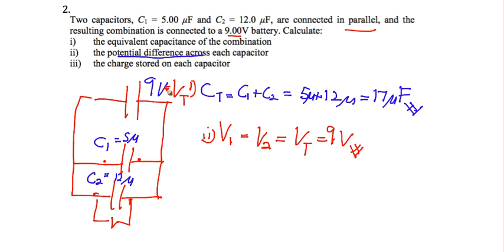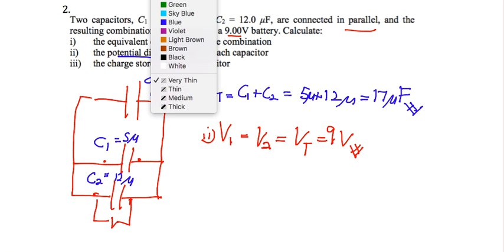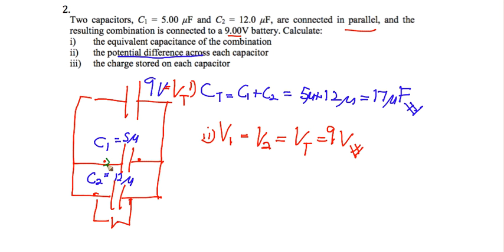This is number 2, and number 3 is the charge stored in each capacitor, meaning when the capacitors start charging, the Q on each capacitor C1 and C2. This is the Q total from the battery, and we have a junction, so this is the charge through capacitor 1 and the charge through capacitor 2, because this is parallel.